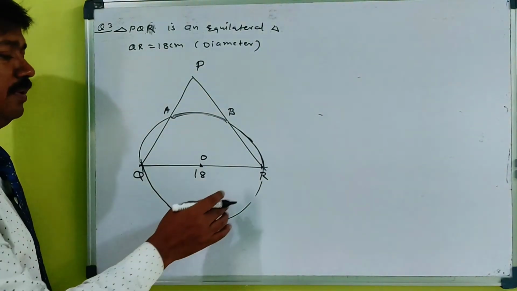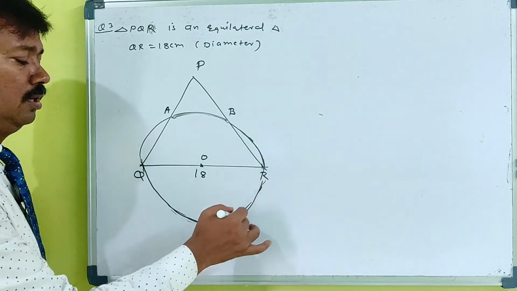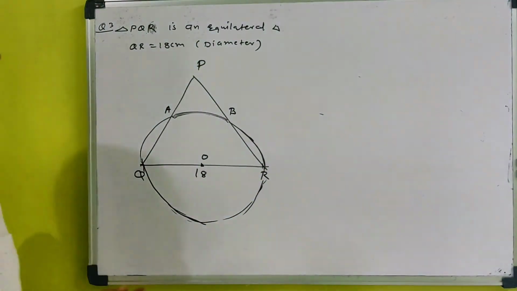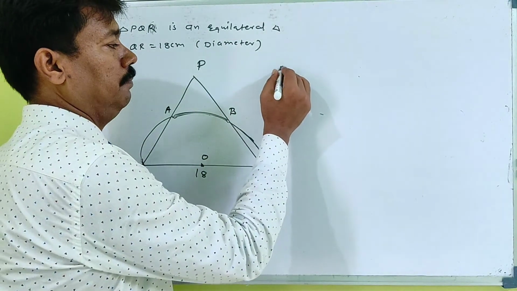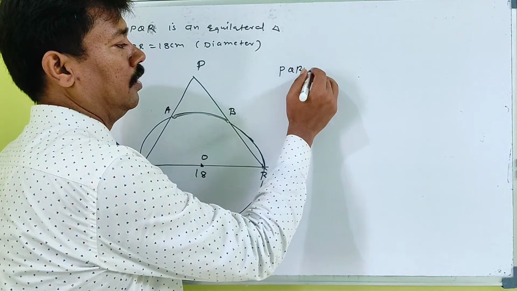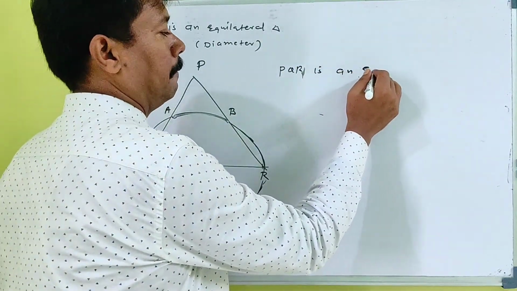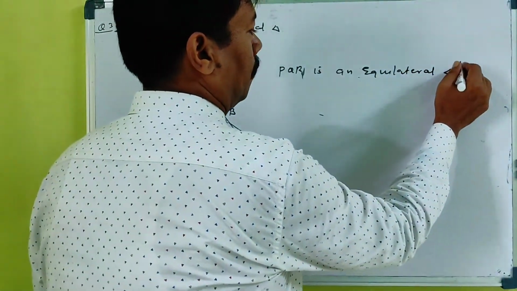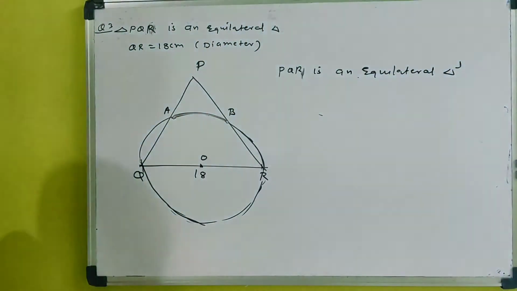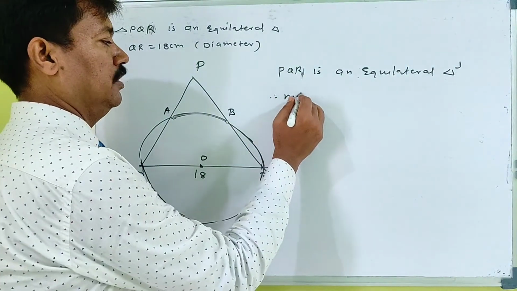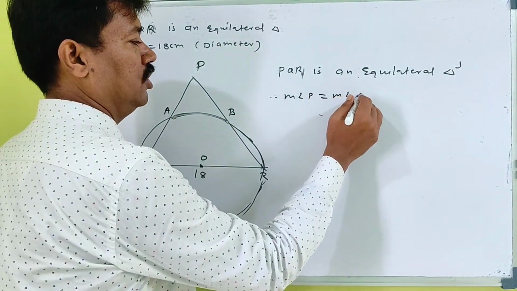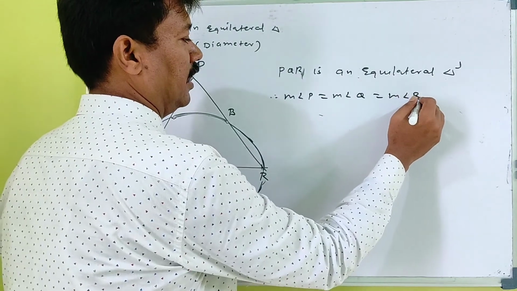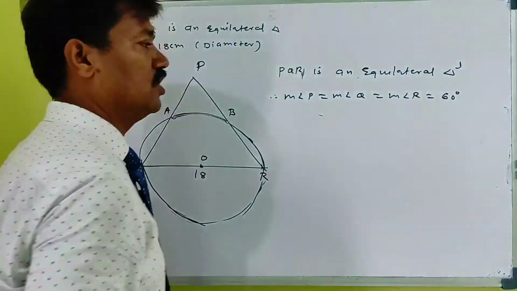So whatever the question, पहला तो जो figure है उसके बारे में थोड़ा discuss कर लेते हैं. Let PQR be an equilateral triangle. PQR is equilateral triangle, therefore measure angle P is equal to measure angle Q is equal to measure angle R is 60 degree.